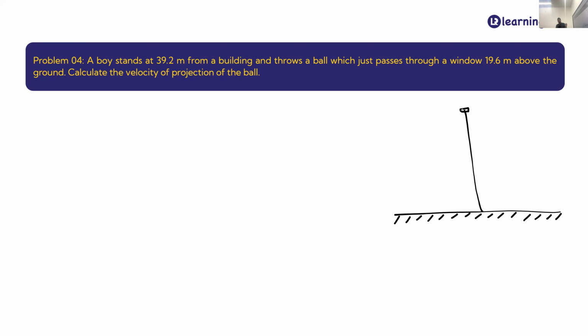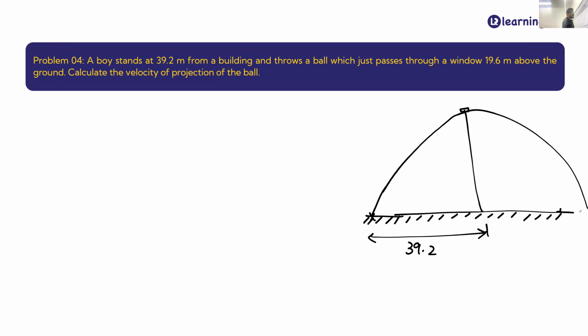Consider it as a tower. There is a boy standing at a distance of 39.2 meter away from the basement. From here, a projectile is thrown so that it passes through this and falls at the other end.